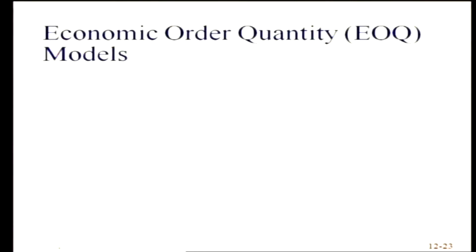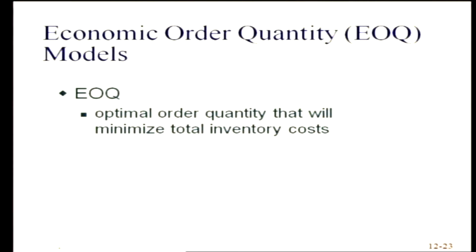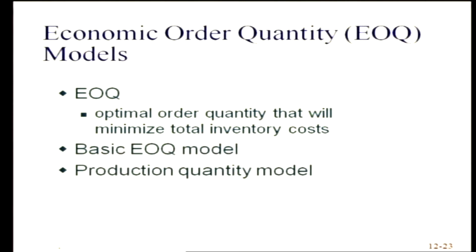Now we will come to the economic order quantity model. As I told you, we normally use the economic order quantity model when we want to determine an optimal order quantity that will minimize the total inventory cost. Today we will discuss the basic EOQ model, but there is also the production quantity model.